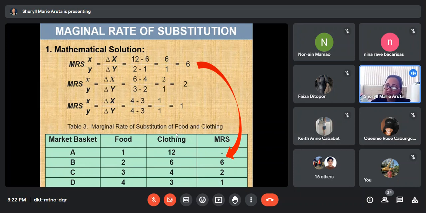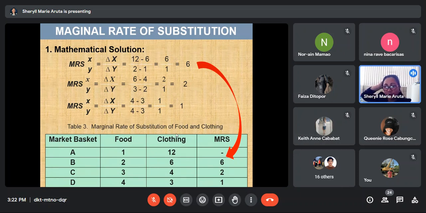But as Peter decides to give up clothing, from 12 to 6, his food increases. So we look at his willingness to give up to see the additional units of food he gains. Using the formula, change in X, we put 12 first so the result is not negative: 12 minus 6 divided by 2 minus 1.